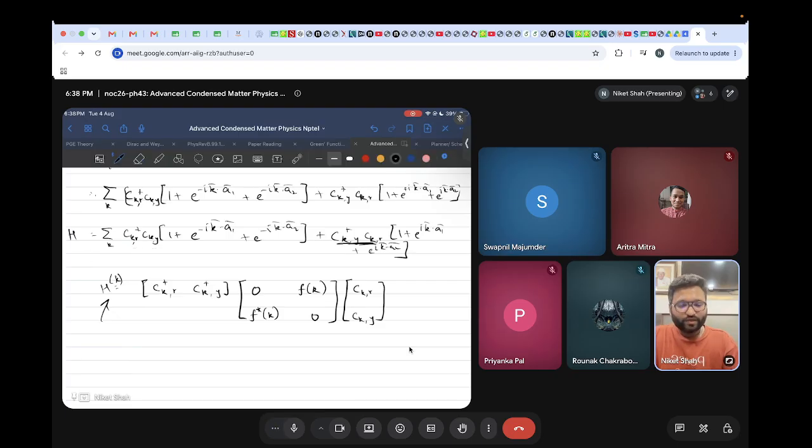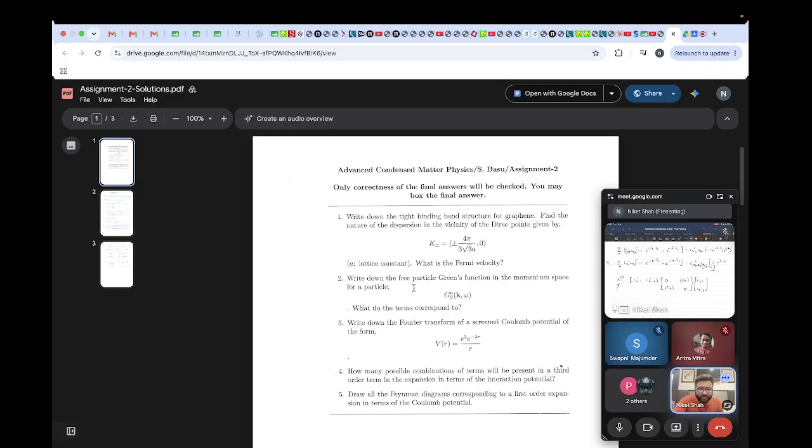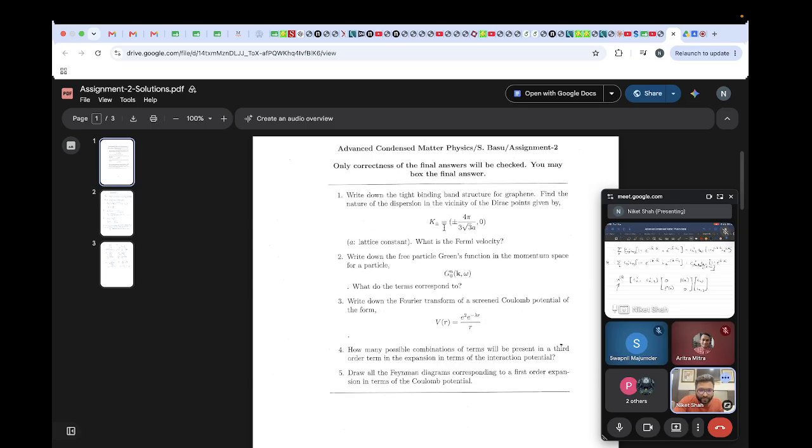Now the question is that you want to expand it at k plus and k minus points. The assignment question says: find the nature of the dispersion in the vicinity of the Dirac points given by these numbers.